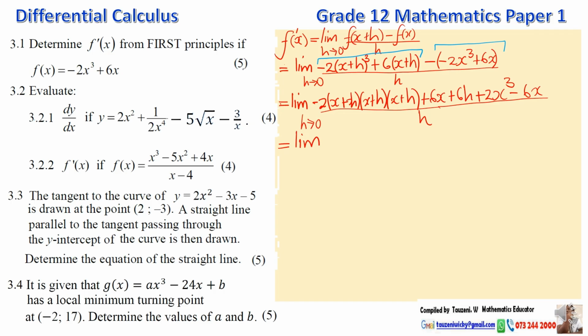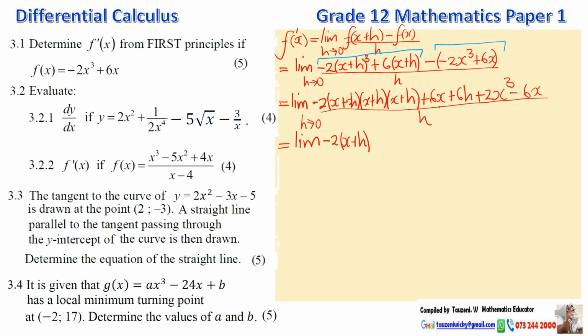You can multiply directly, or you can do 2 brackets at a time. So if we do that, then I'm going to keep the first 2, minus 2 and x plus h. Then I multiply the next 2 brackets to get one expression.